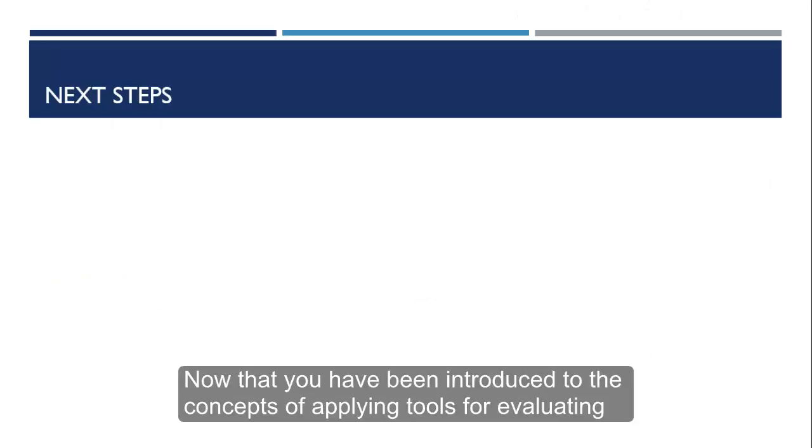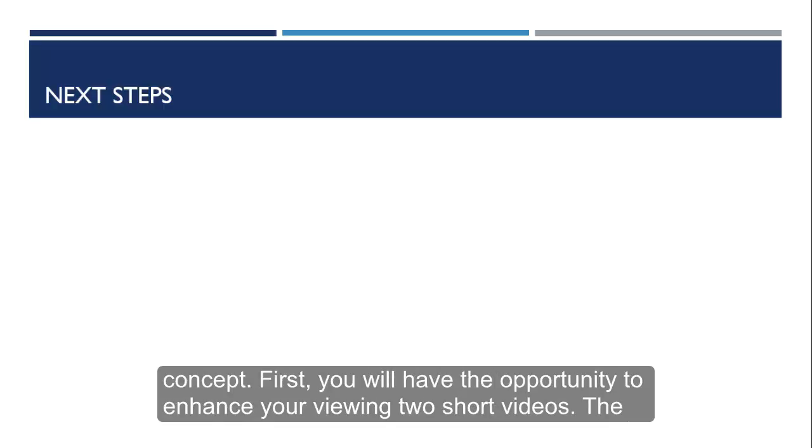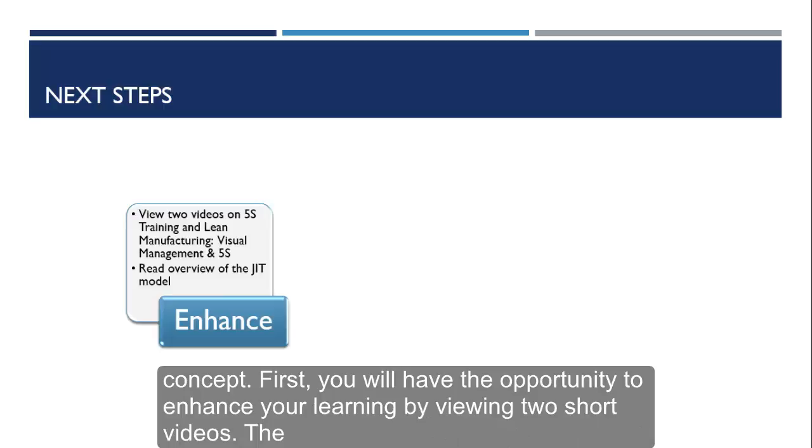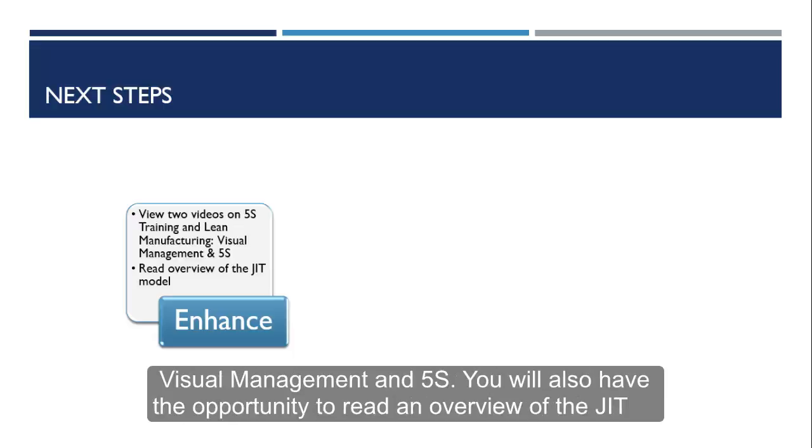Now that you have been introduced to the concepts of applying tools for evaluating the current situation, let's look at the next steps you should take to master this key concept. First, you will have the opportunity to enhance your learning by viewing two short videos. The first video focuses on 5S training, and the second video is about lean manufacturing, visual management, and 5S.